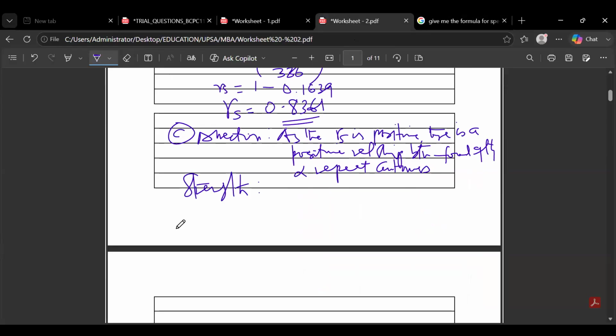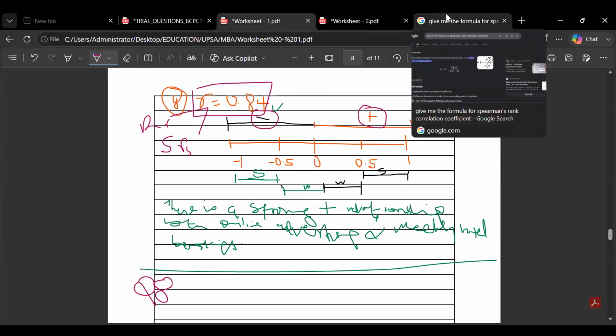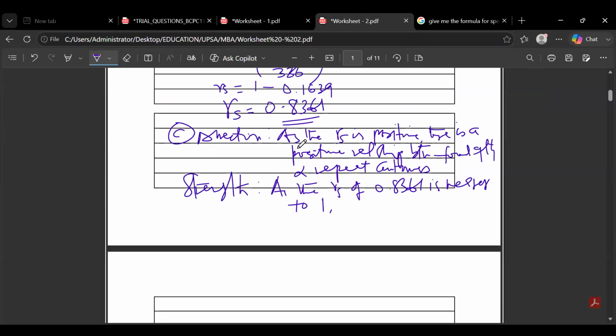As the RS approaches 1, or the RS of 0.8361 is nearer to 1, what would you say? It's a strong positive. Some books could say a very strong positive. So there is a strong relationship.